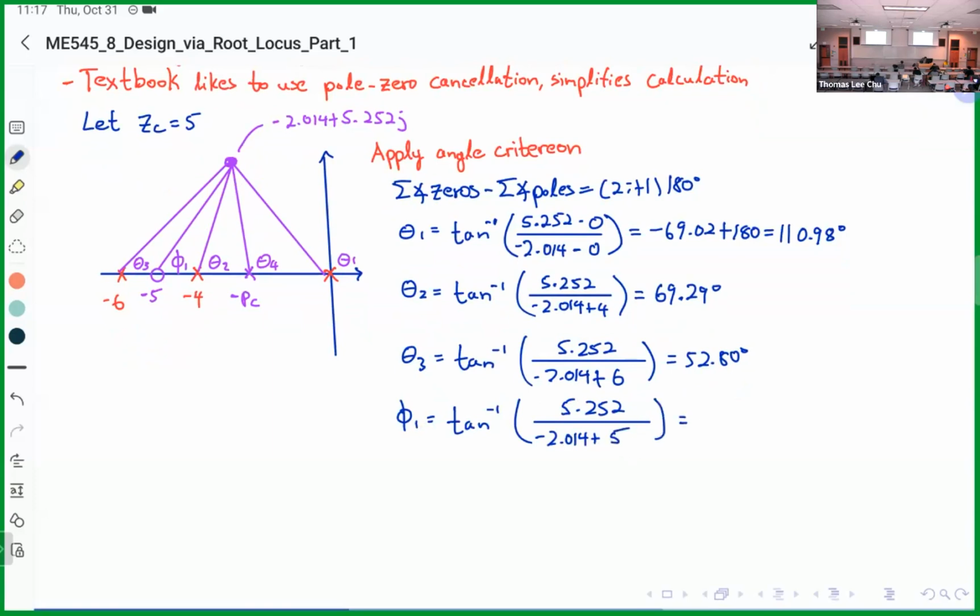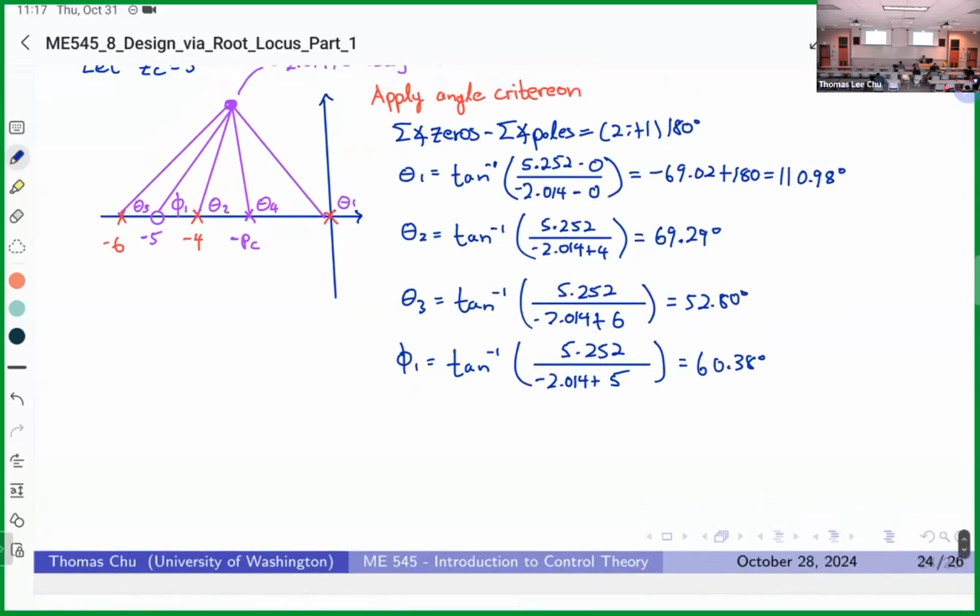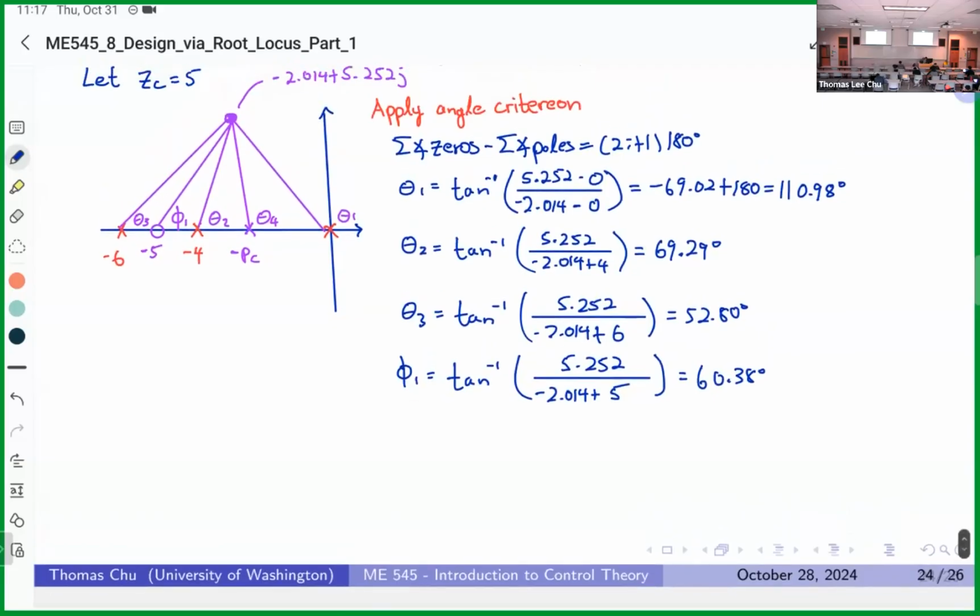That's going to be equal to 60.38 degrees. So then we apply the angle criterion, actually, let me specify the step, to find theta 4.